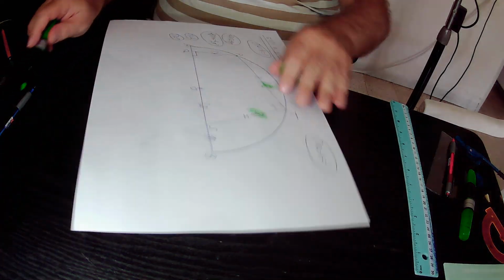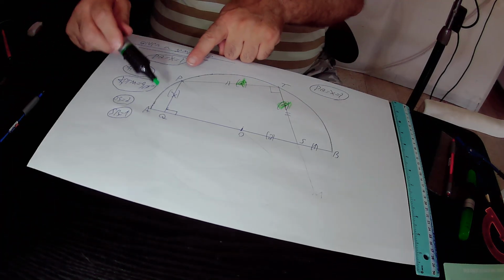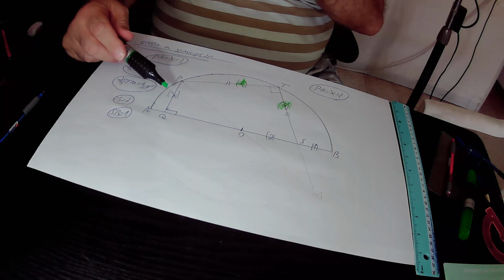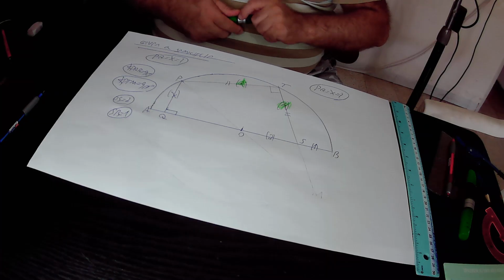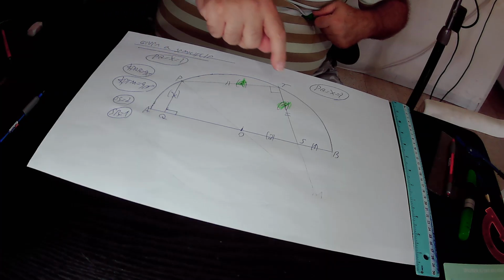Again, our task is to find the length of this line segment PQ, which equals x. We have to find the value of x. So in the first step, we complete the semicircle to a circle.